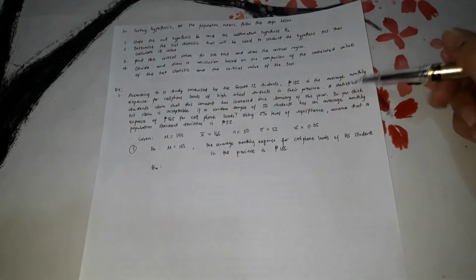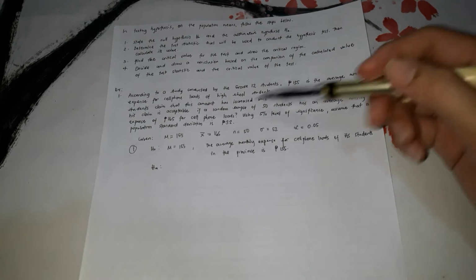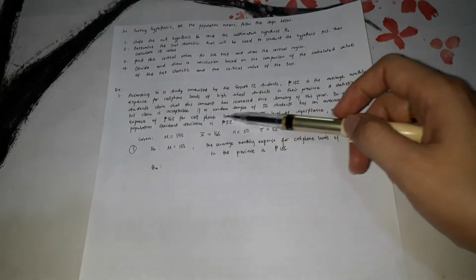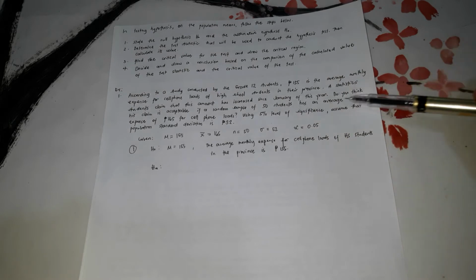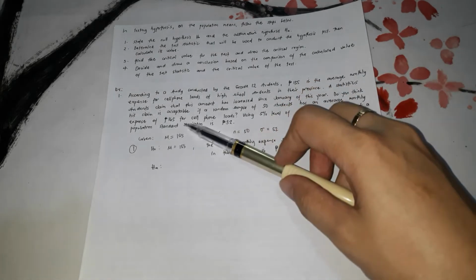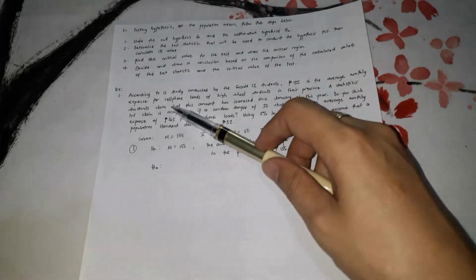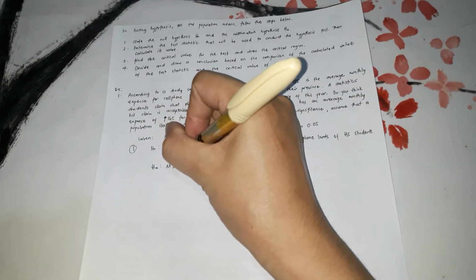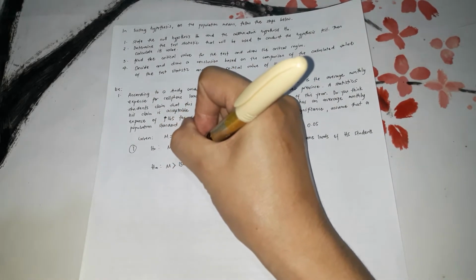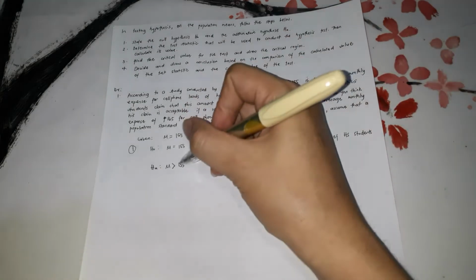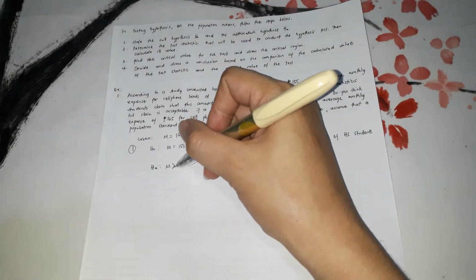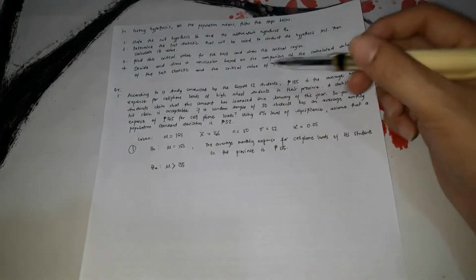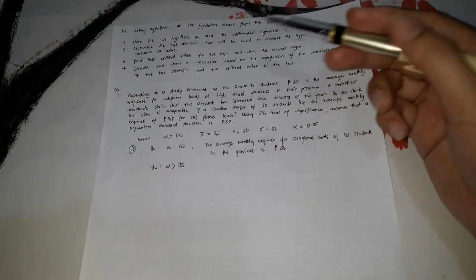The alternative hypothesis is, because of the question, do you think his claim is acceptable if a random sample of 50 students had an average monthly expense of 165, the statistics student claimed this amount has increased. Increased means it became larger, so it should be greater than 155. So the population mean should be greater than 155, because according to this, it should be increased.